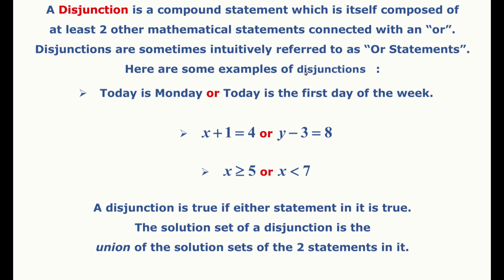Notice all we did was change the and in the previous example to or here. And the same with these two next ones. They're exactly the same as the ones we encountered before. We've changed the ands to ors. A disjunction is true if either statement in it is true. The solution of a disjunction is the union of the solution sets of the two statements in it.